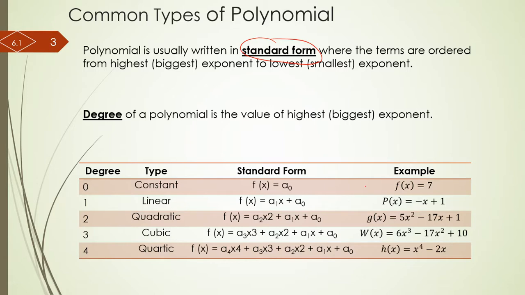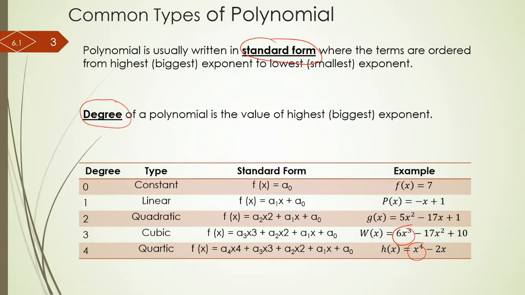For example, x cubed, then x squared, then x to the power 0. What is the degree of a polynomial? We look at the highest power. The highest power of this one is 4, so it is degree 4. The highest power of this one is 3, so it is degree 3.